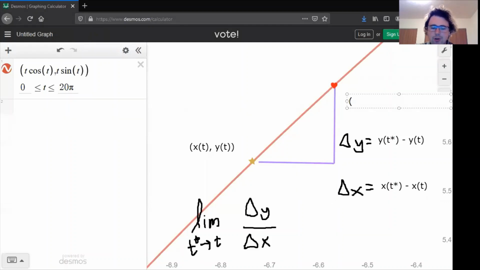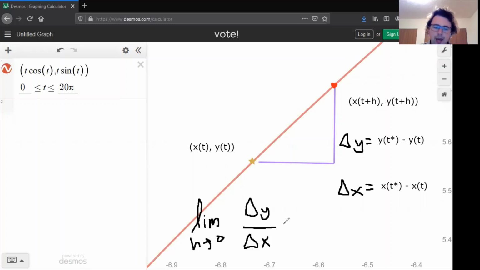Maybe when I'm close, what I really mean is t plus h, and h is some very small number. That would change the way that I write this limit. I really want the limit as h goes to 0.